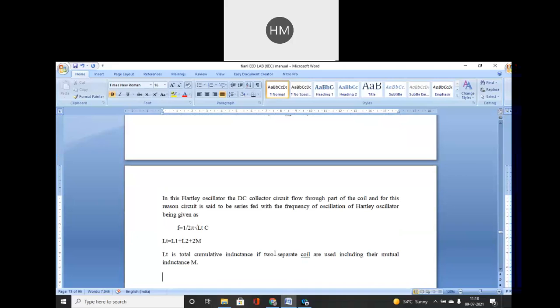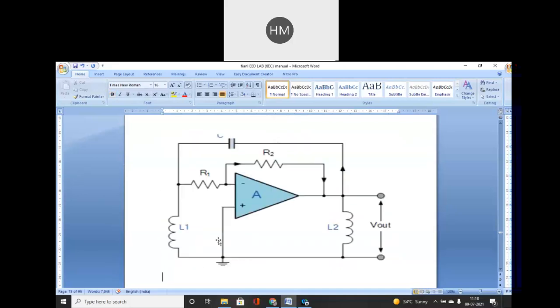The frequency of oscillation of the Hartley oscillator is given by this formula, 1/(2 pi under root LC). LT is the combination because we have two inductors, so they are added, L1 plus L2, that is my total inductance.